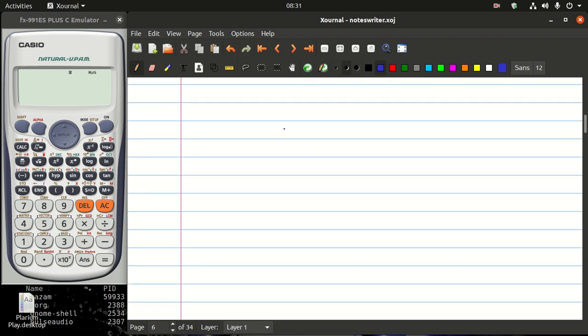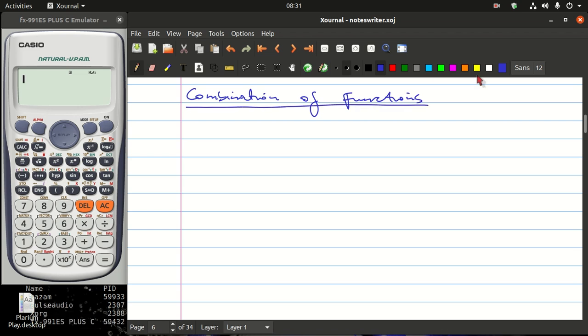Now, let's look at the last thing here, the combination of functions. I'm just going to list two or three things that I want you to have a look at.